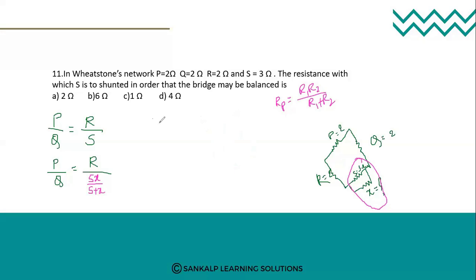See, P value is 2 upon Q value, which is also 2, equal to the R value 2 divided by, S value is 3, X you keep as it is, divided by 3 plus X. We need to calculate the value of X, students. Can anyone tell me what is the answer? So here 2 by 2 will be 1, which is equal to 2 into bracket 3 plus X upon 3X.